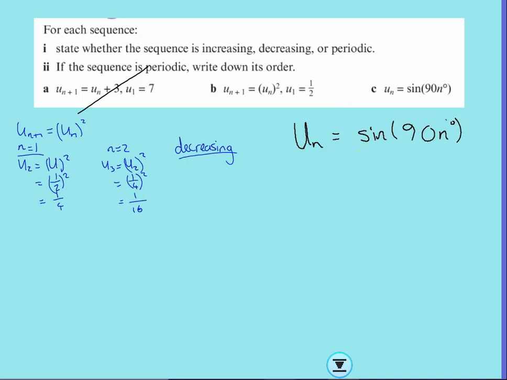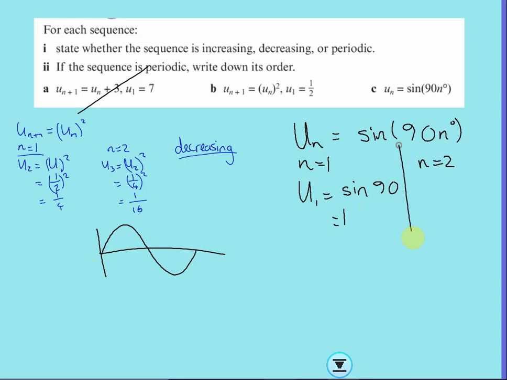Actually, that doesn't matter; if it was in radians, you may not have done that yet. So when n is 1, we get u1 equals sine of 90 times 1, that is just sine 90. And you should know from your sine knowledge, sine 90 is 1.